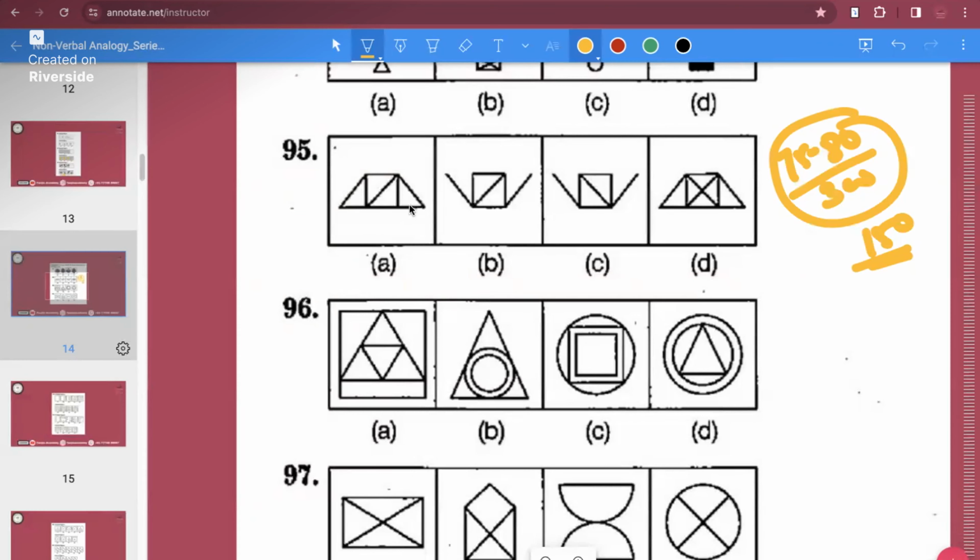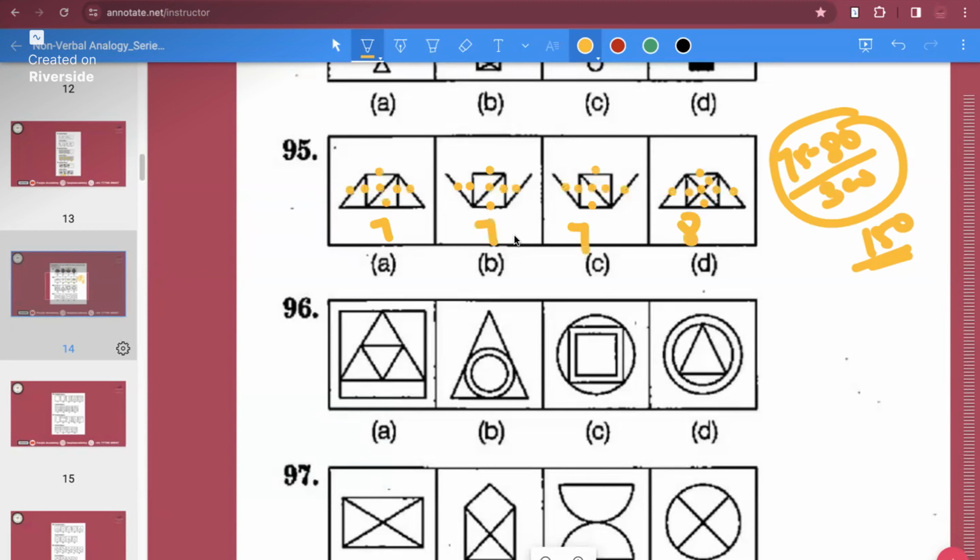Option D. Option D. 1, 2, 3, 4, 5, 6, 7. 1, 2, 3, 4, 5, 6, 7, 8.